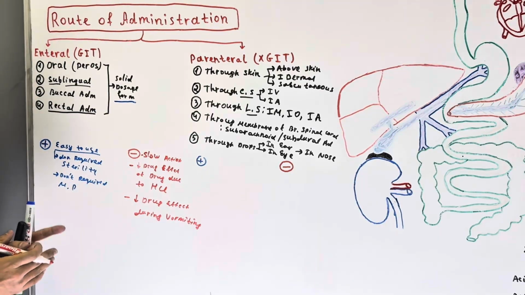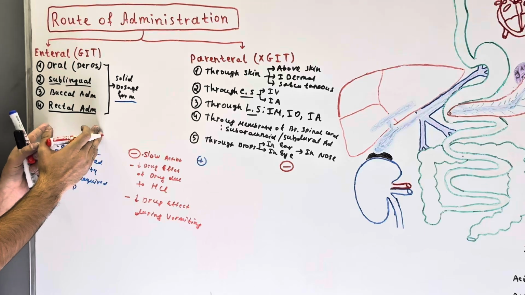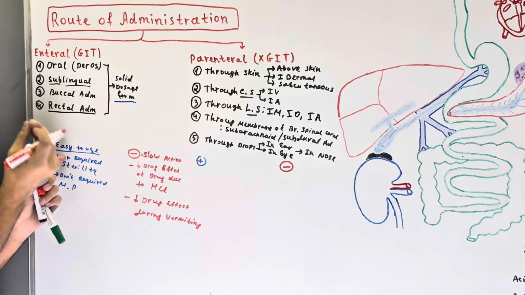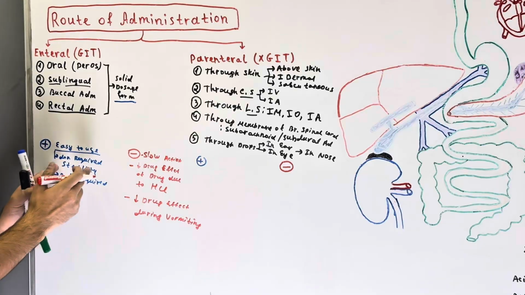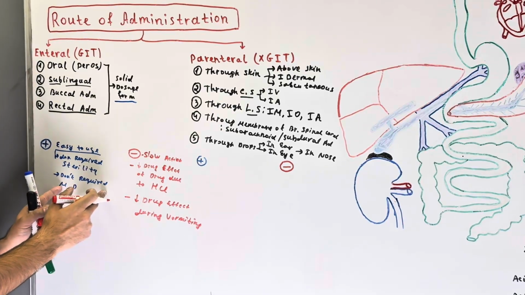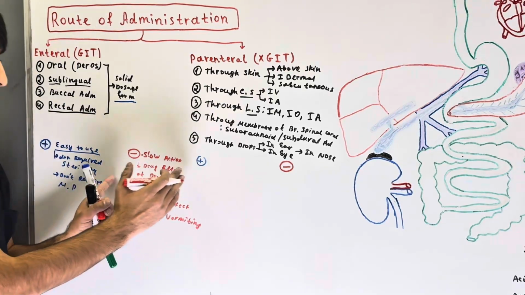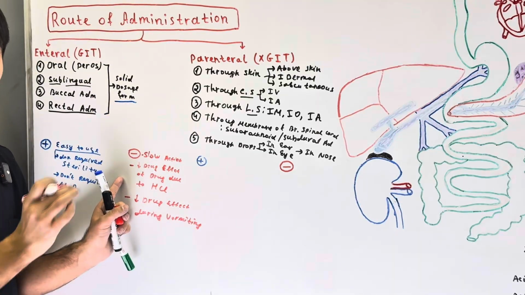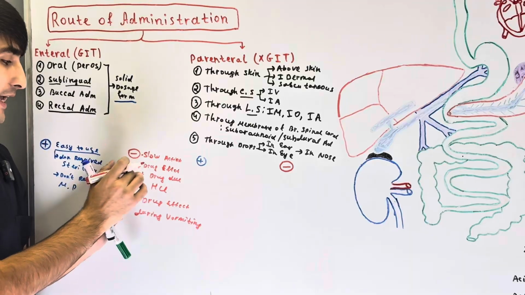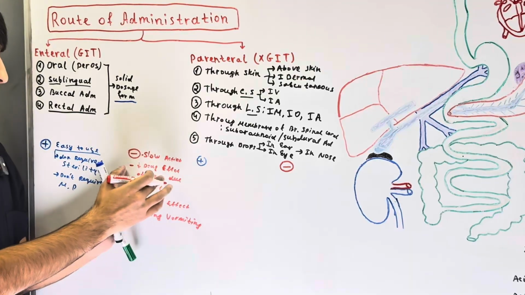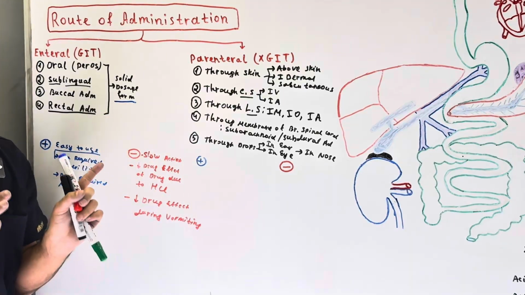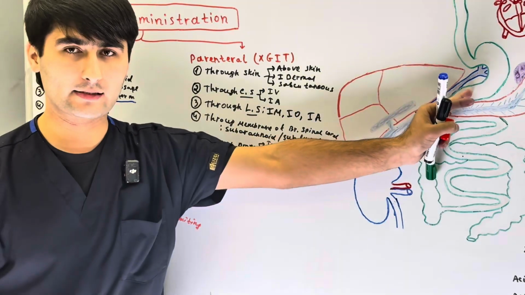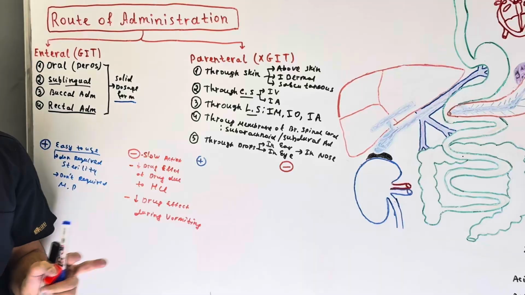So that was the advantage and disadvantage of enteral administration. Once again I will repeat: the advantage is that it is easy to use, because they are pills, capsules and granules. They don't require sterility, and they don't require medical personnel. The disadvantages: they have slow action, so we cannot prescribe them for emergency cases. Second, some drugs cannot be taken through the GIT because of the hydrochloric acid, for example penicillin G or insulin.